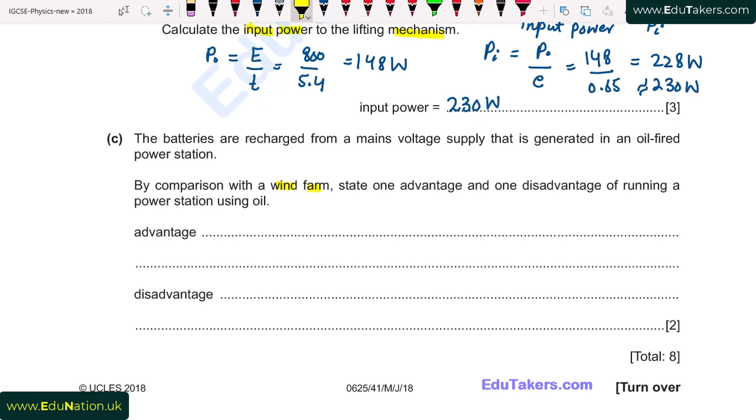So first of all, we know that oil is always available, and second, it is a reliable energy input. So I write here reliable energy input.